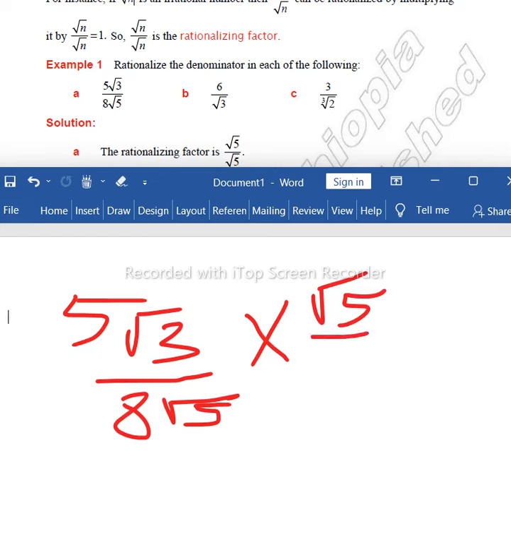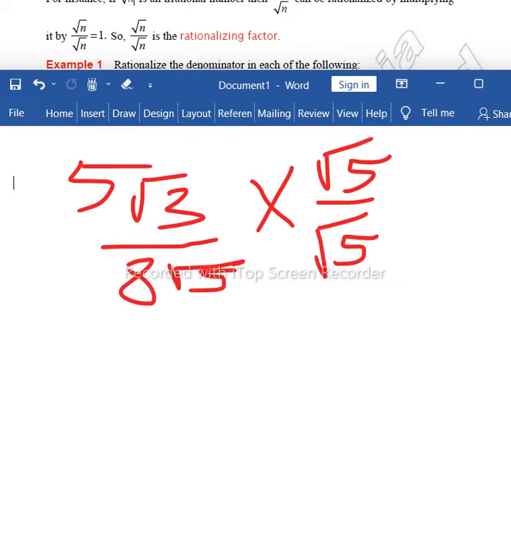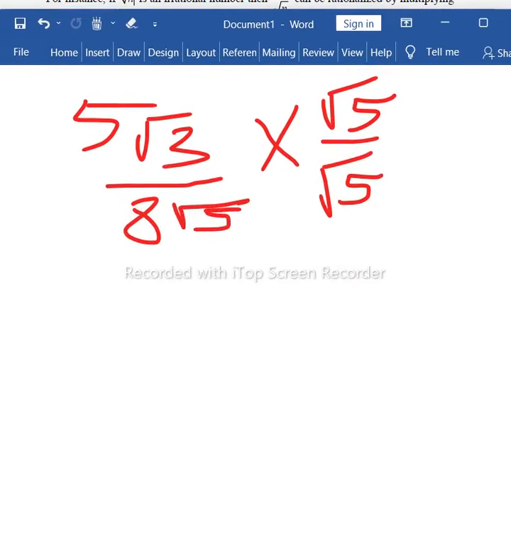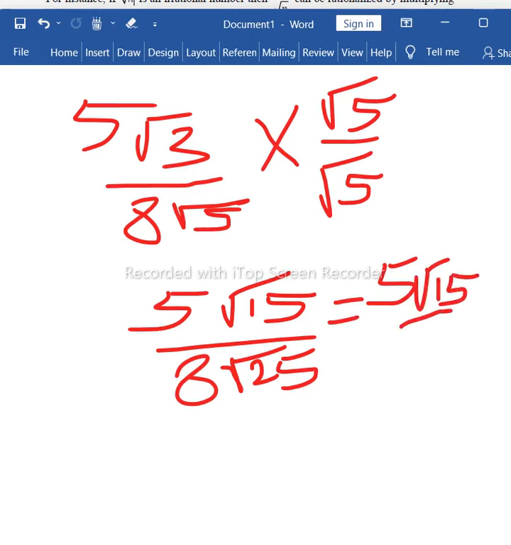As we know, multiplying any number by n over n makes no change, so we can multiply this by square root of 5 over square root of 5. Here we have 3 times 5, 15, so 5 square root of 15 in the numerator. In the denominator, 5 times 5 is 25, so 8 square root of 25.